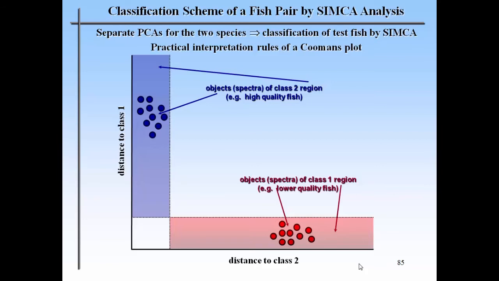Could be either the cheap or the expensive. And you want to know, is it the cheap? Is it correct? Or did the fish shop give me a higher quality fish for a lower price? No, certainly not. It will be the opposite, if at all. So if the test spectrum ends up here, you know it's a high quality fish. If the test spectra end up here, you know it's a cheap quality.